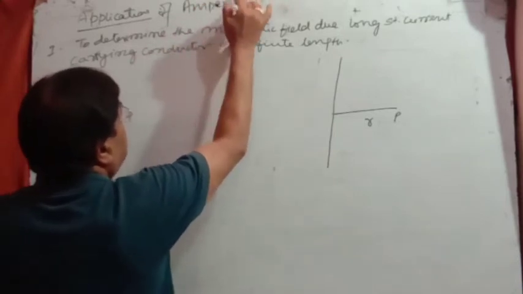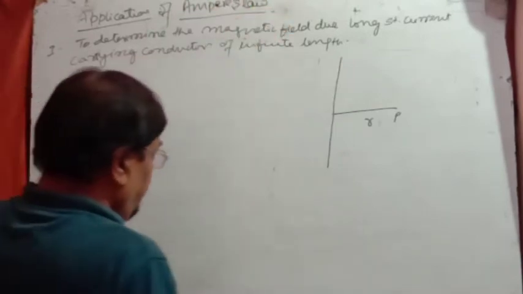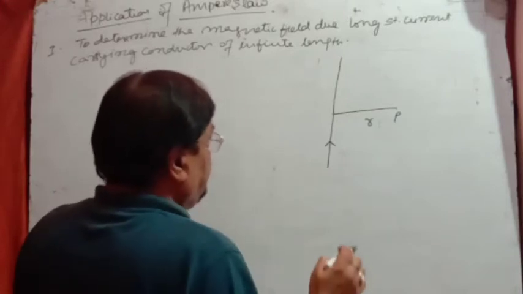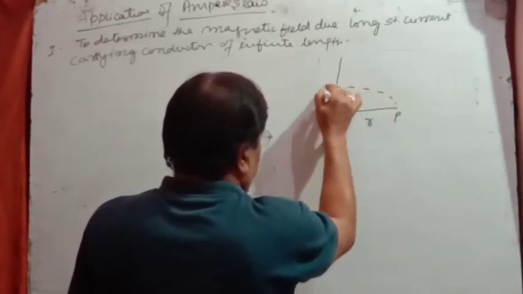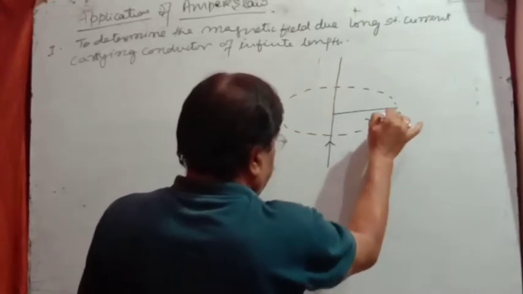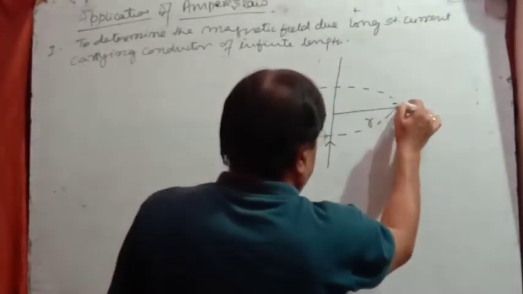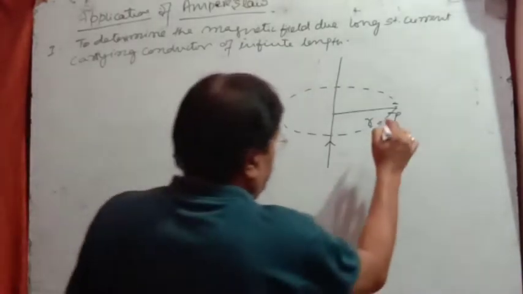Here we have a straight conductor. We could also have found this by the Biot-Savart law for finite length. It is the application of Ampere's law, so we consider an Amperian loop here, because Ampere's law is always for a closed surface.